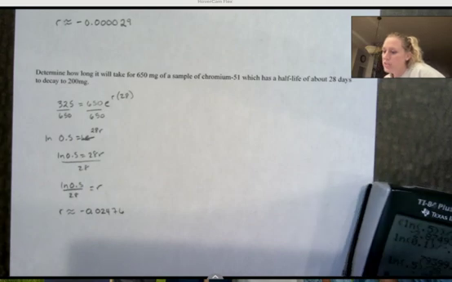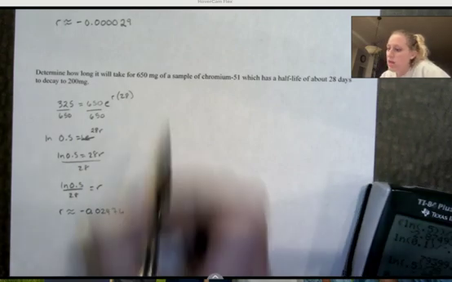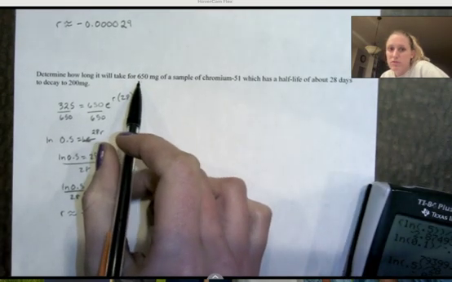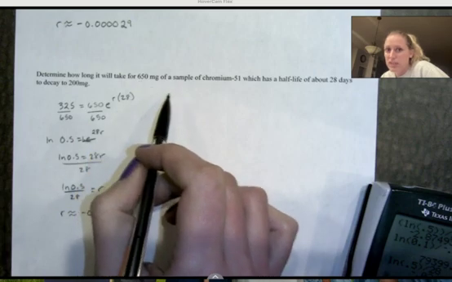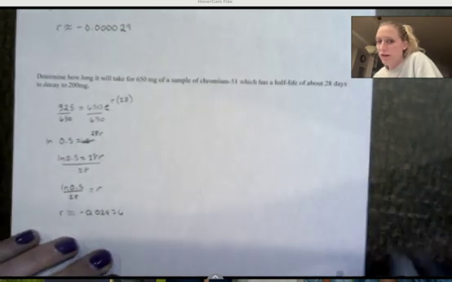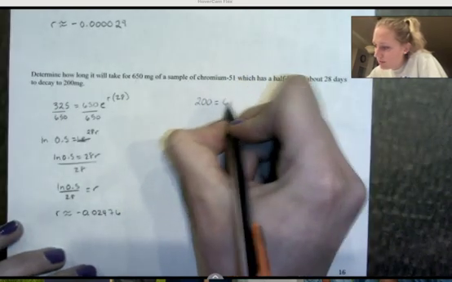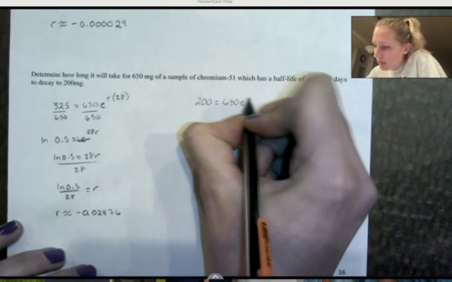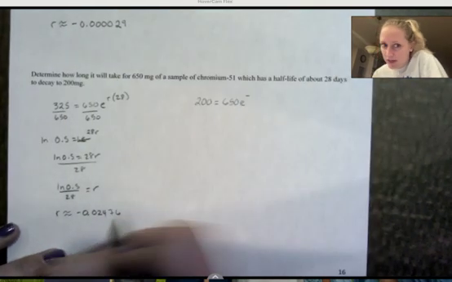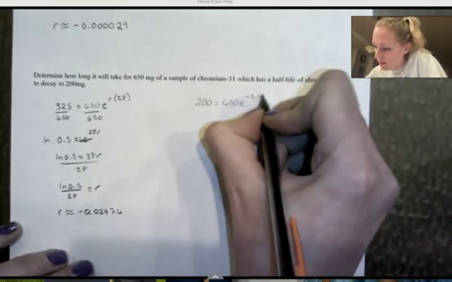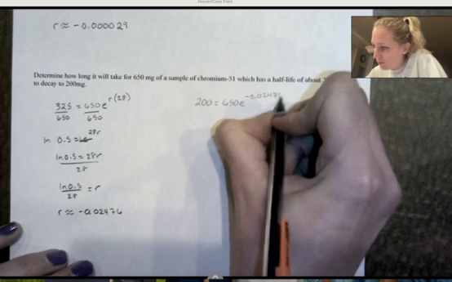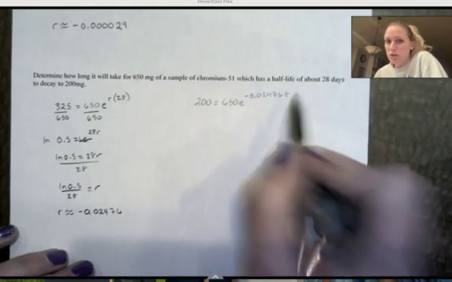So it's saying how long will it take, so again, solving for T, for an initial 650 milligram sample to decay to 200. Okay, so 200 is my new amount. We started with 650. E, we now know our rate is this number here. And then we're looking for how long, so we're looking for t.